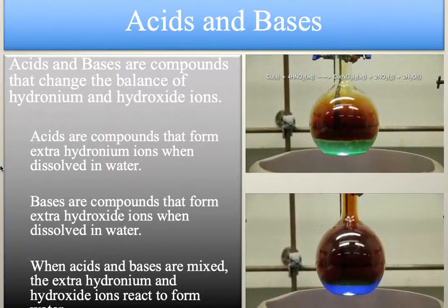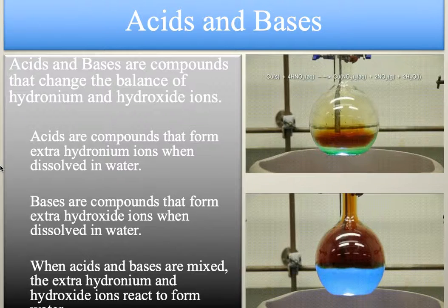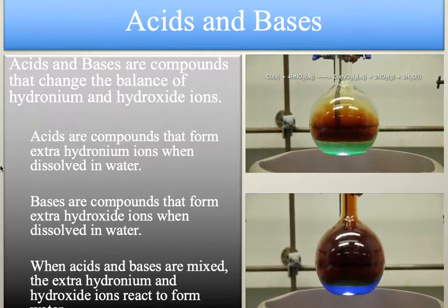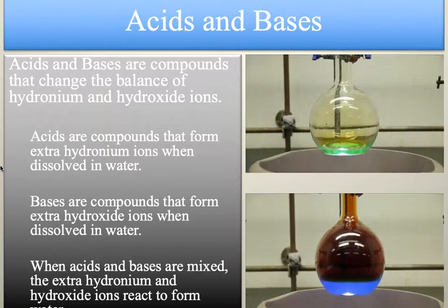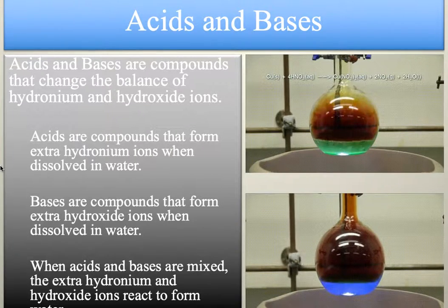Bases are solutions that have lots of hydroxide ions in water. Hydrogen ions are H plus ions. Hydroxide ions are OH minus. Remember too that sometimes in an acid the hydrogen will bond to water and it will form an H3O plus. That is called a hydronium ion.